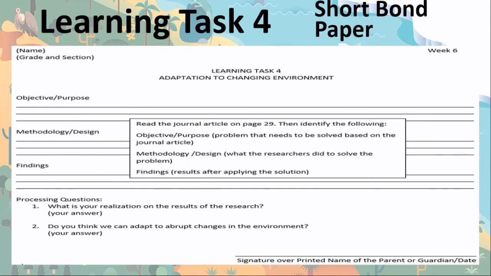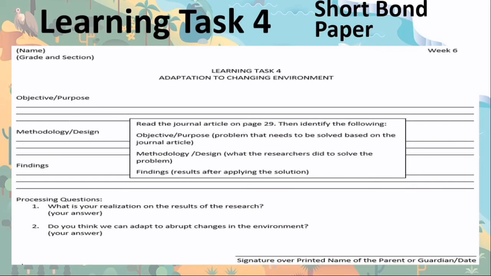And for learning task 4, answer the following question. Prepare a simple proposal to show your thoughts on the issue. Adaptation to changing environment. This activity increases your awareness and interest to do something for the changing environment.